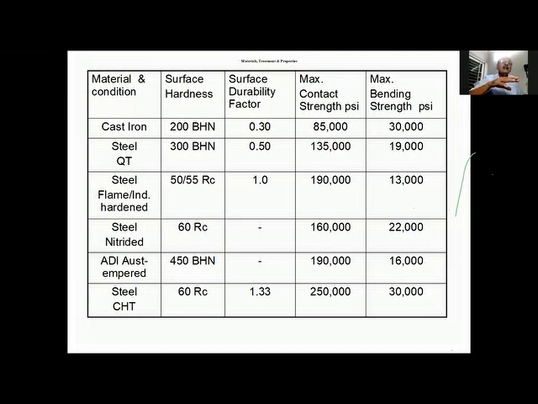Austempered ductile iron has been used by people like Volkswagen and some of the American auto manufacturers, and it performed well. I personally developed for Bharat Gears components made out of ADI, and typical hardness measured on BHN was only 450.